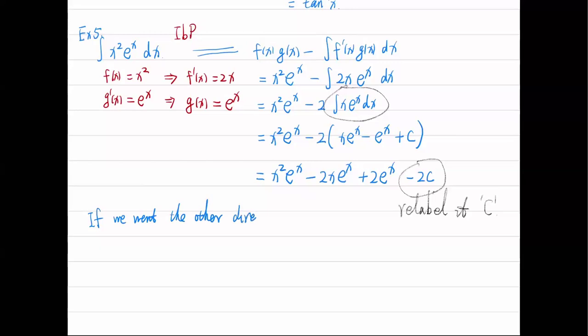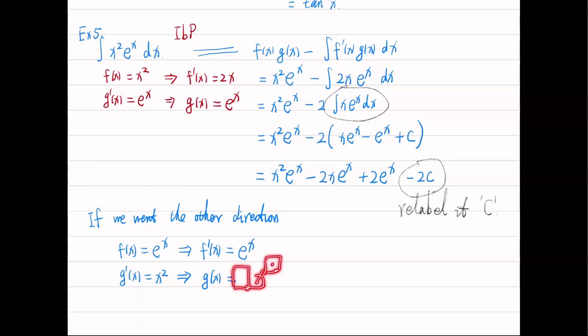If we identify f as e to the x and g derivative as x squared. Okay, so now what's f derivative? Could you give me an antiderivative for g, whose derivative is x squared? It should be some power with some coefficient.